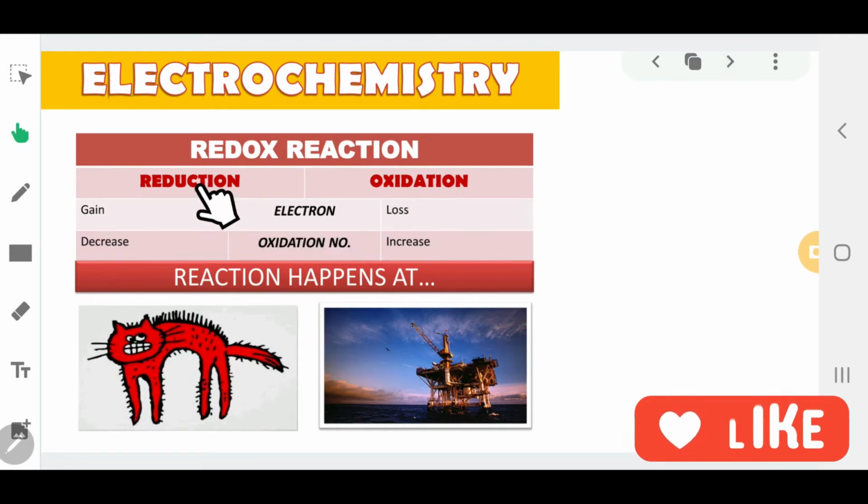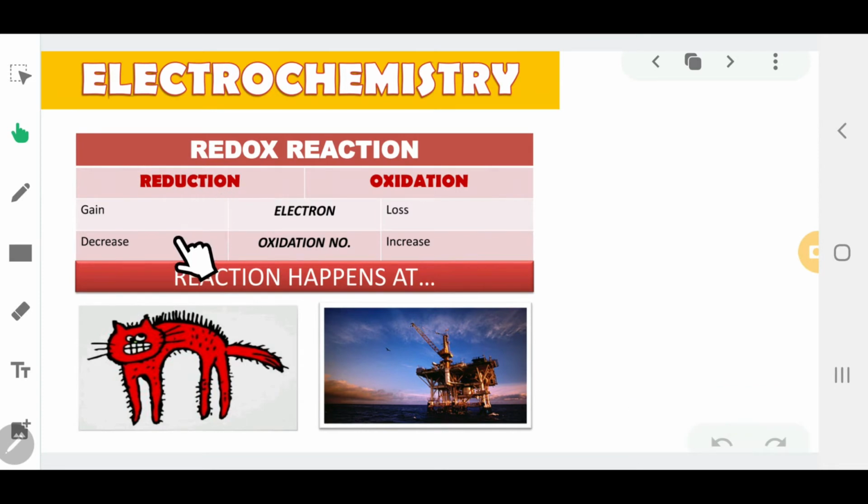For the reduction process, the oxidation number will decrease. And for the oxidation process, the oxidation number will increase. Note that oxidation number. So if you have oxidation process, it will favor the oxidation. Therefore, oxidation number will increase.